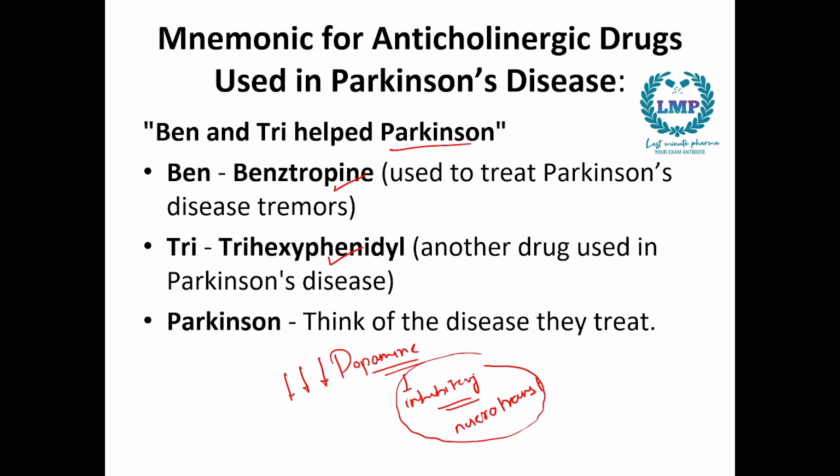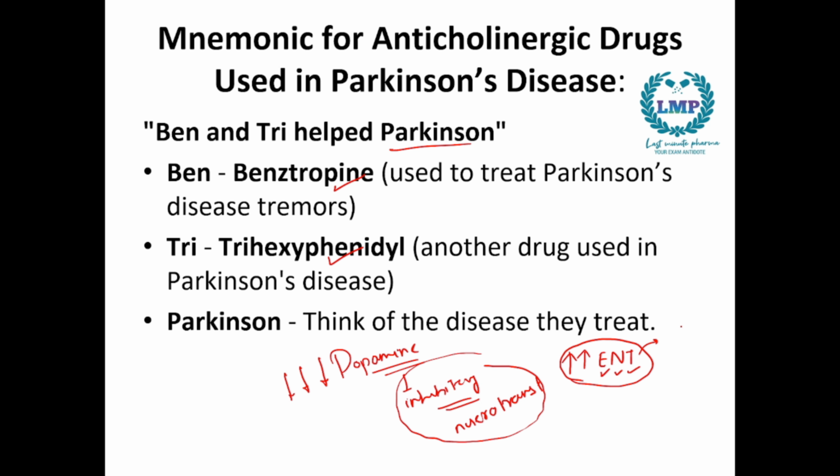If dopamine is decreased, the concentration of the excitatory neurotransmitter increases. This leads to hyperactivation of the nervous system, which can lead to symptoms such as tremors and abnormal muscle movements. All this is Parkinson's.